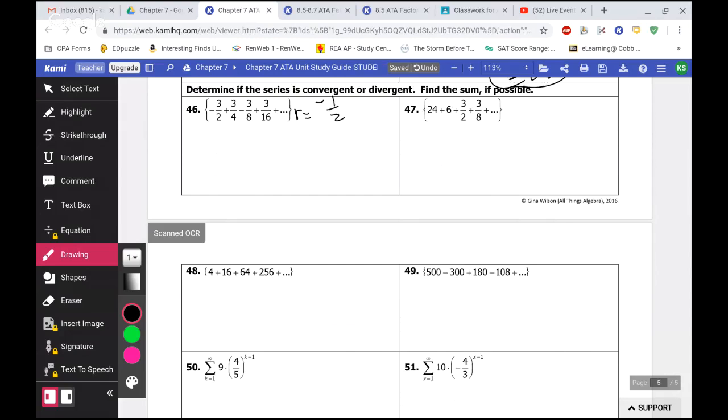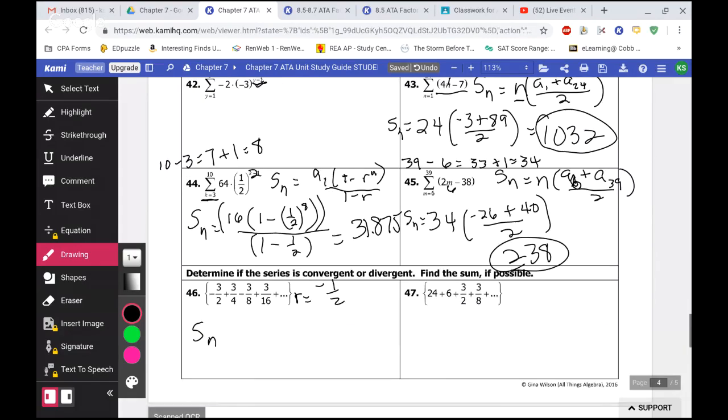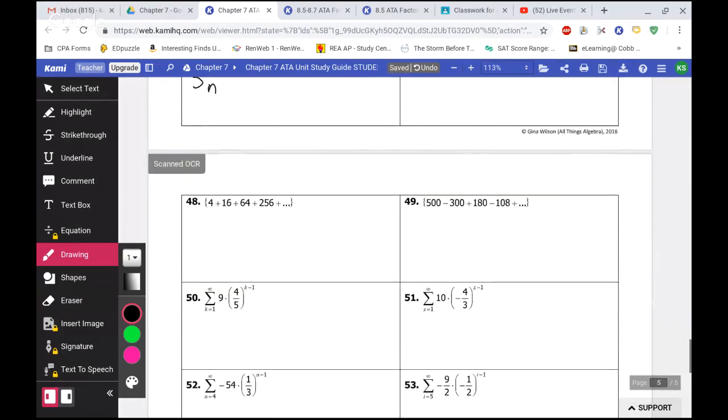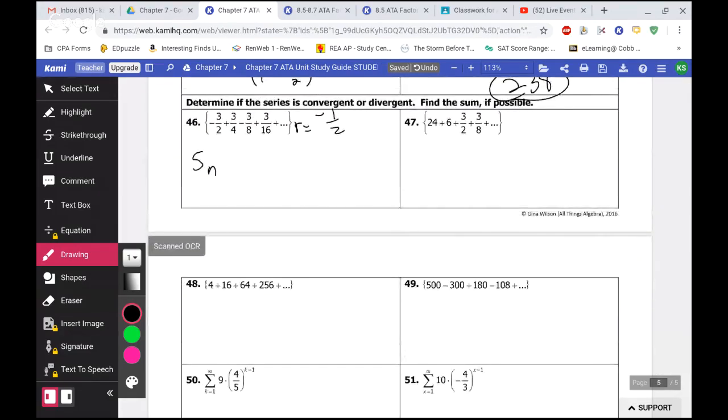So you'll plug that in to the infinite sum. It should be written at the top of your page on this one. But the series formula for an infinite geometric series is S sub n equals A1 over 1 minus the common ratio.